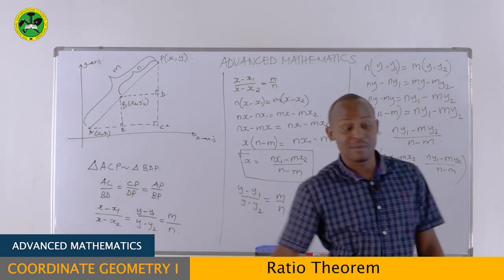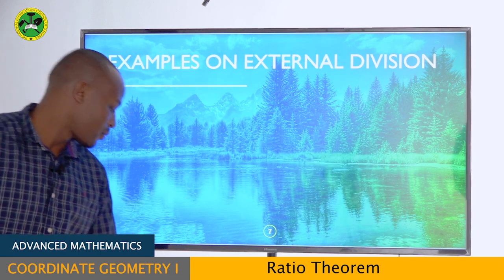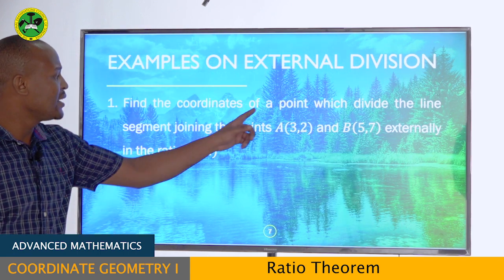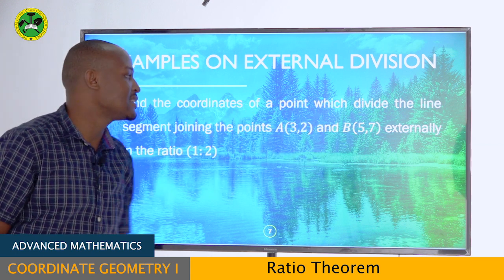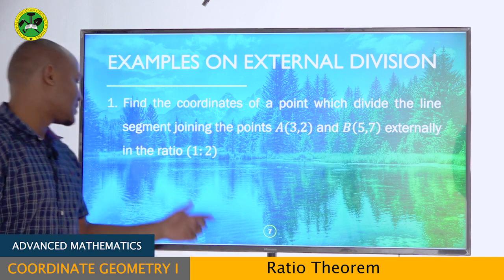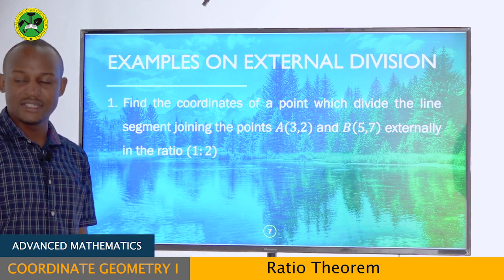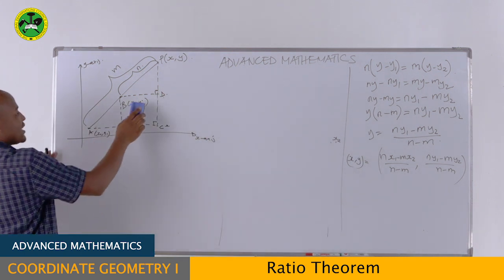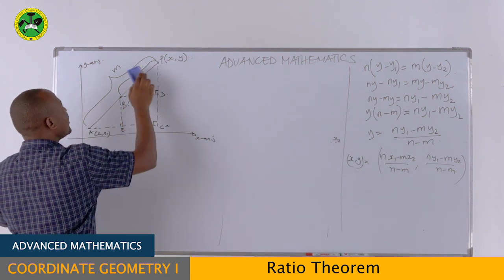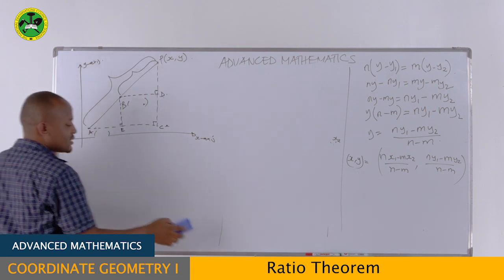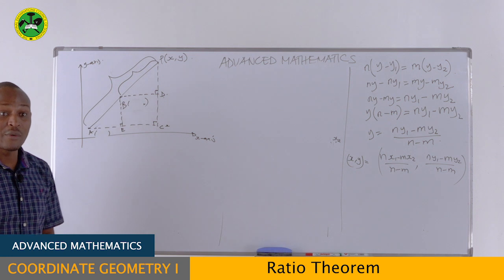Now let's take the examples. Example number 1: find the coordinate of the point which divides the line segment joining points A and B externally by that ratio. It's very easy. Let's do it. To locate those points in our sketch, as I said earlier, it's not necessarily that you have this sketch, but it's a good practice for you to know how it looks.